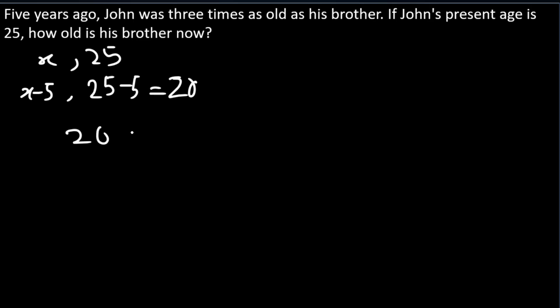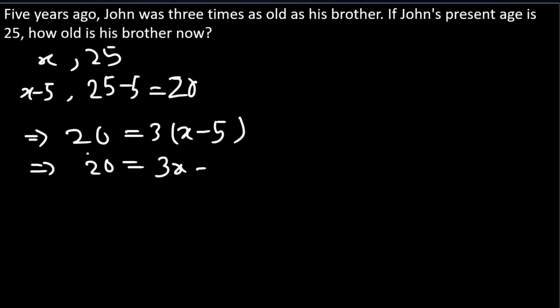So now we need to set up the equation this way. 20 equals, 5 years ago, John's age is 20, and X minus 5 is John's brother's age, which is 3 times less than John's age. So we need to multiply John's brother's age by 3. Now it's equal, so we will get the value of X. 20 equals 3 times X minus 3 times 5, which is 15.